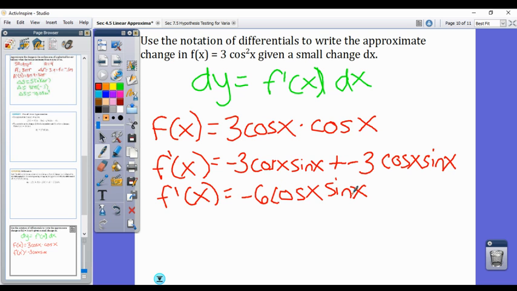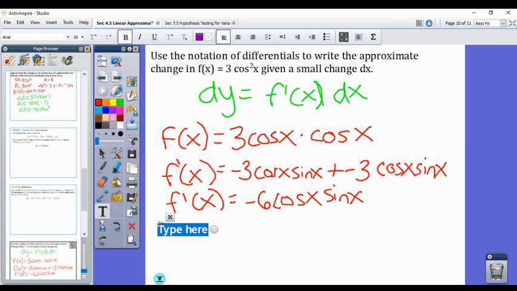Okay, so we can actually simplify this using the double angle identity. This is a throwback to pre-calc. Your double angle identity is telling you the sine of 2x is equal to 2 sine x cosine x.